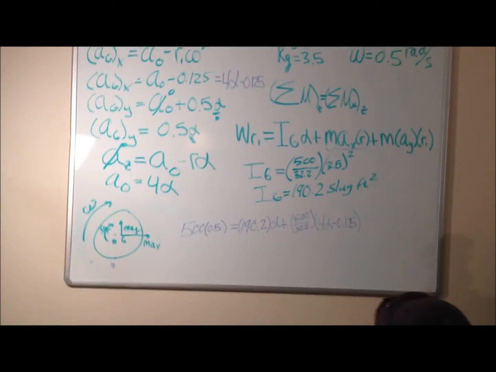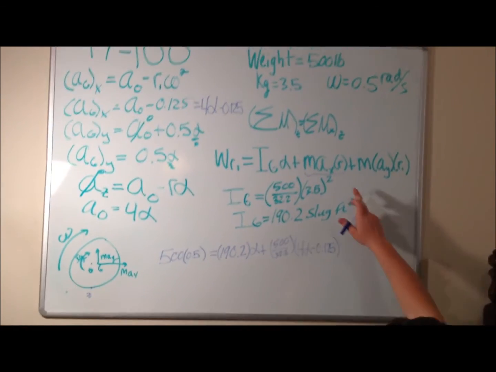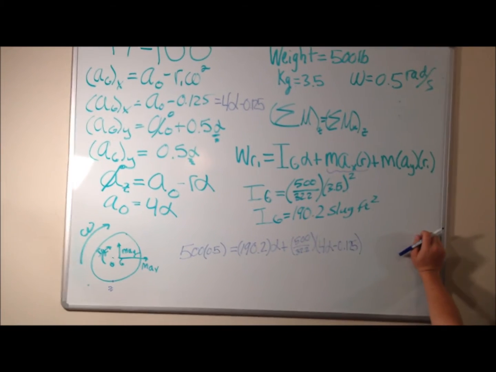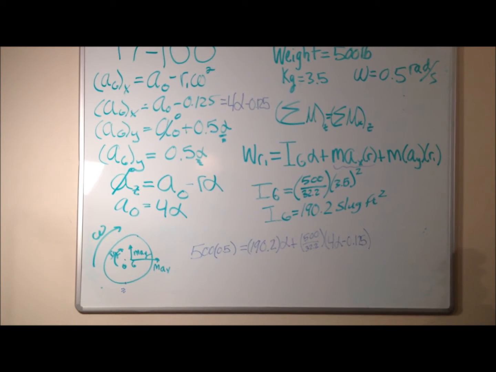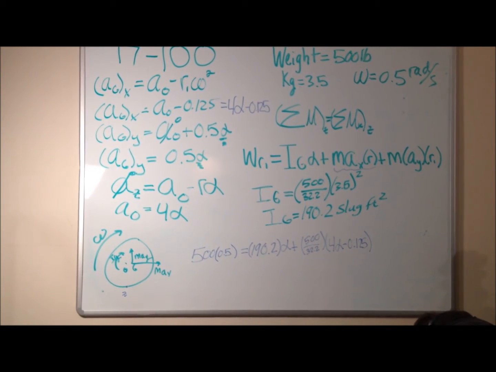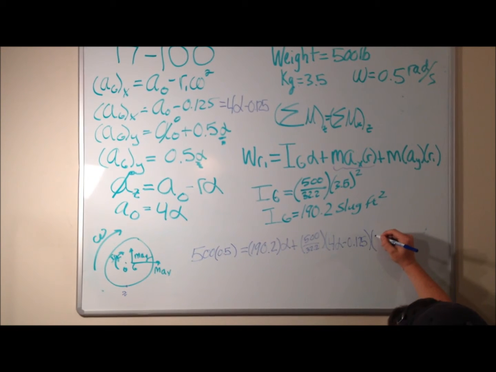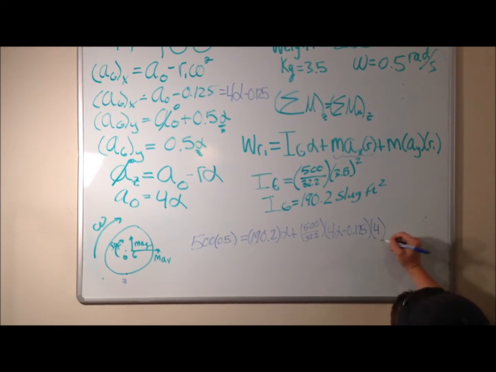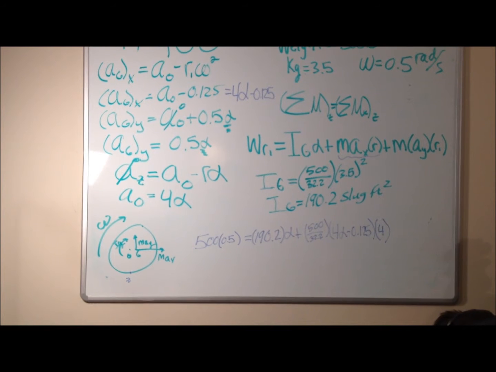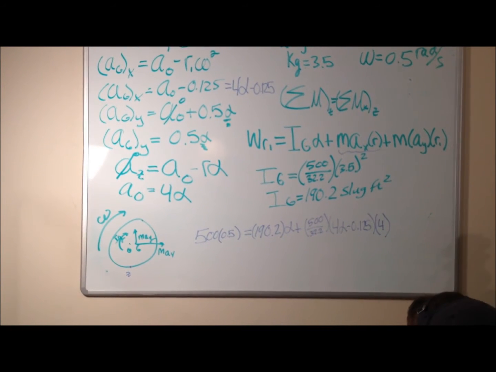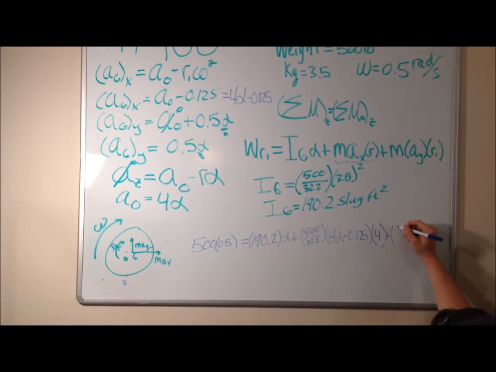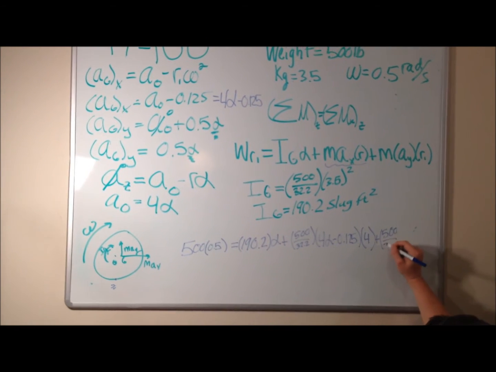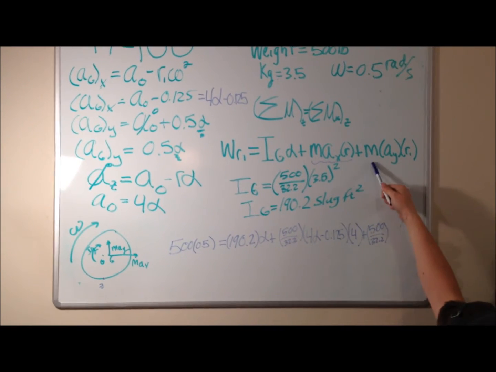Okay, and we also need the distance r, which is the distance from G to Z in the vertical direction, because we're taking the moment. So that's going to be 4. Then we're going to do our y term, which is pretty similar. It's going to be 500 divided by 32.2, which is the mass.